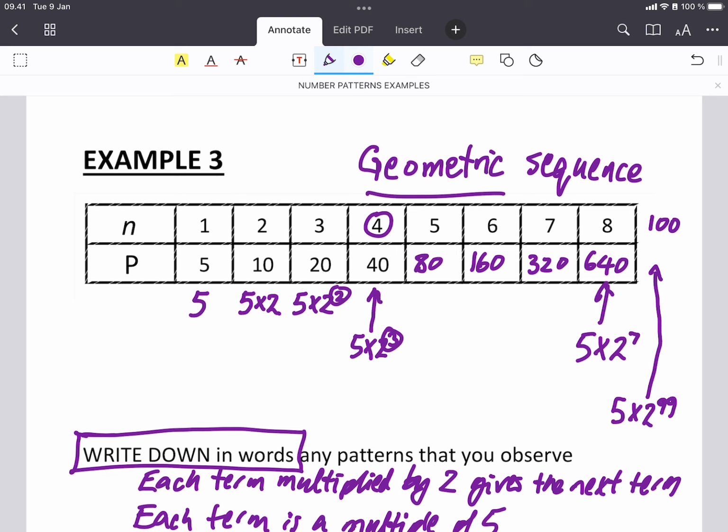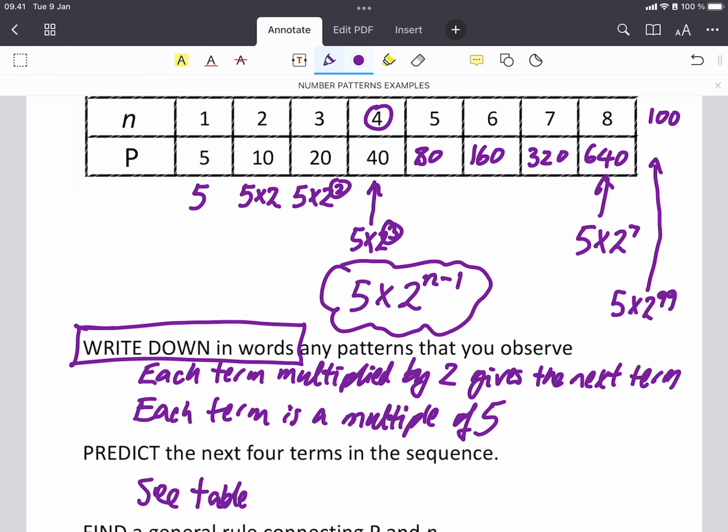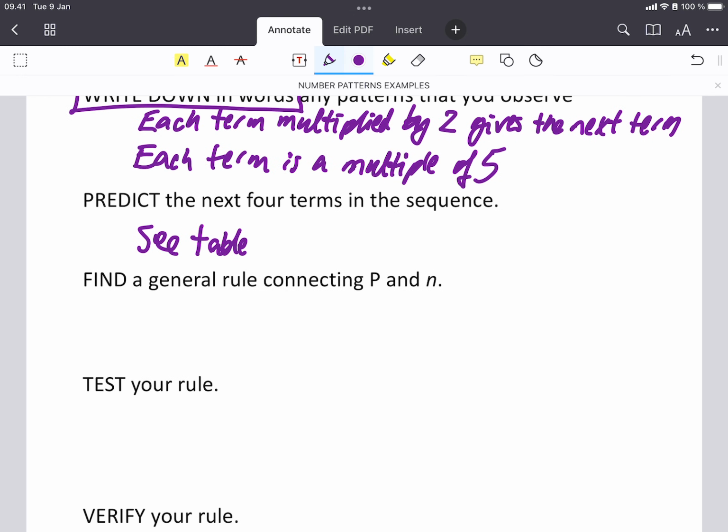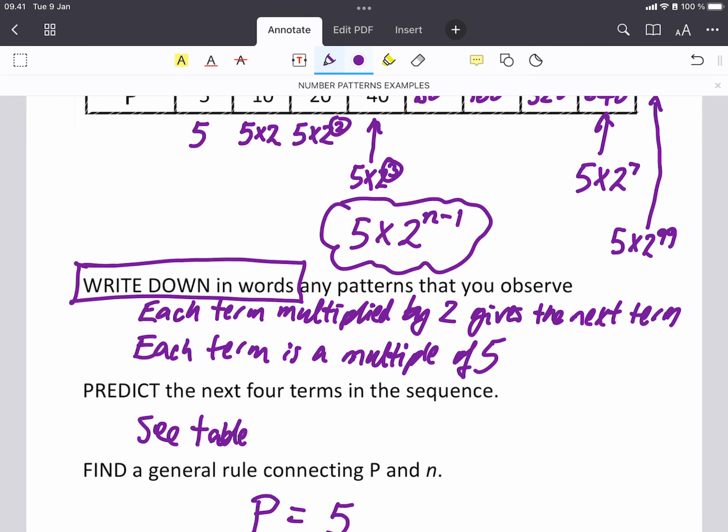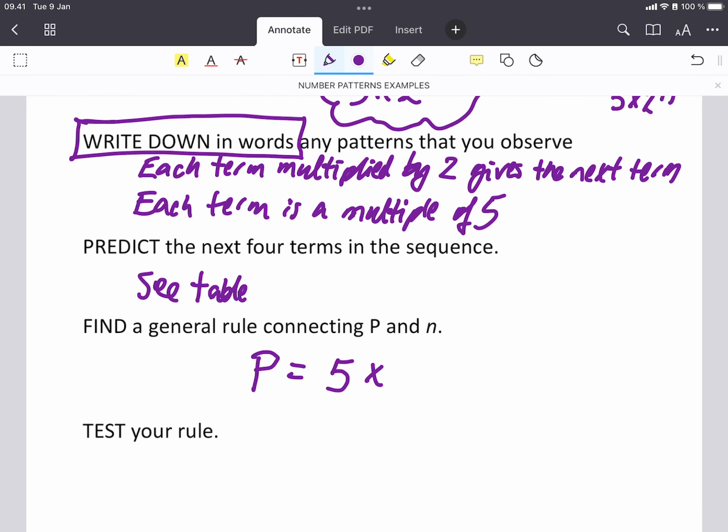So generally, it's always 5 times 2 to the power of something, and that something is always, wherever you are in the sequence, n minus 1, always 1 less than the position in the sequence. So got to write that down as a rule. So P equals 5 times 2 to the power of n minus 1.